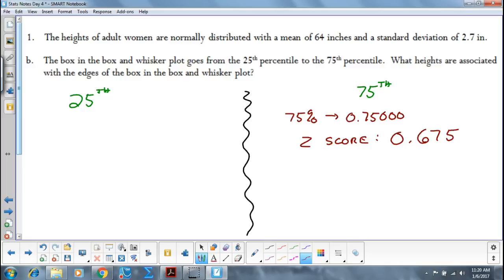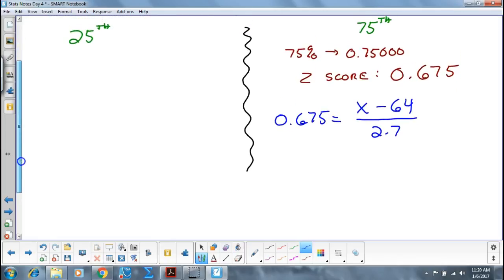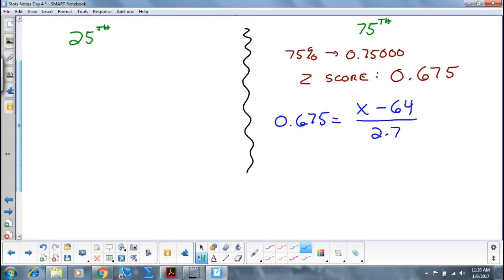Okay. So 0.675 equals x minus 64 divided by 2.7. 2.7 times 0.675 gets me 1.8225 equals x minus 64.